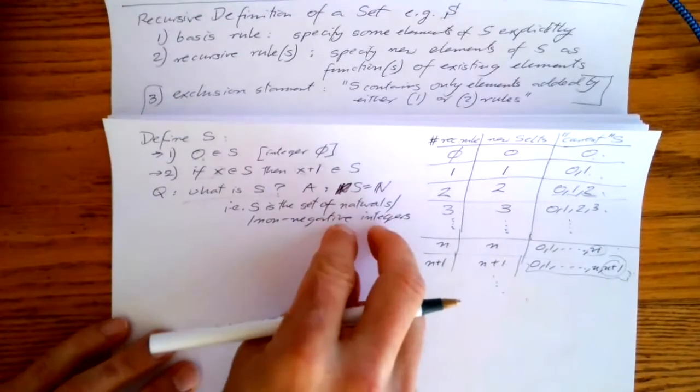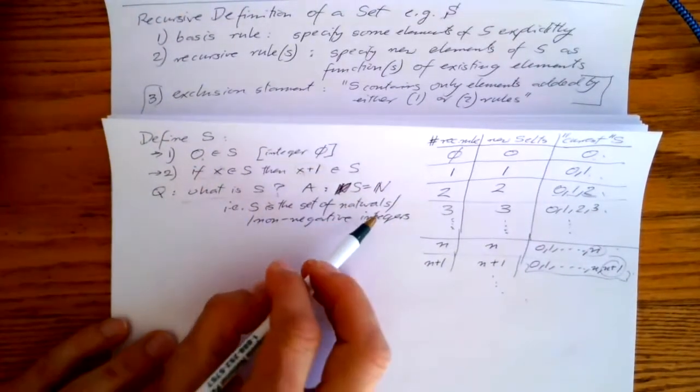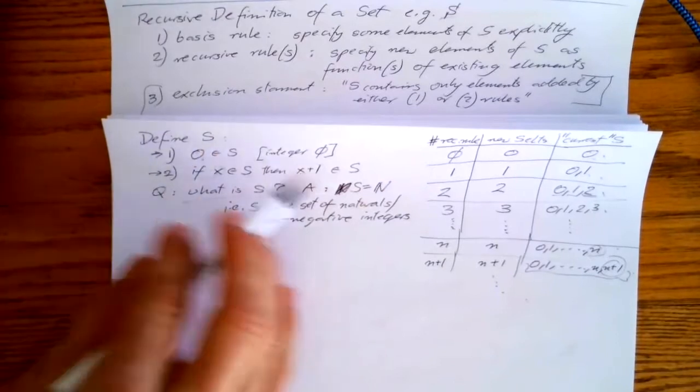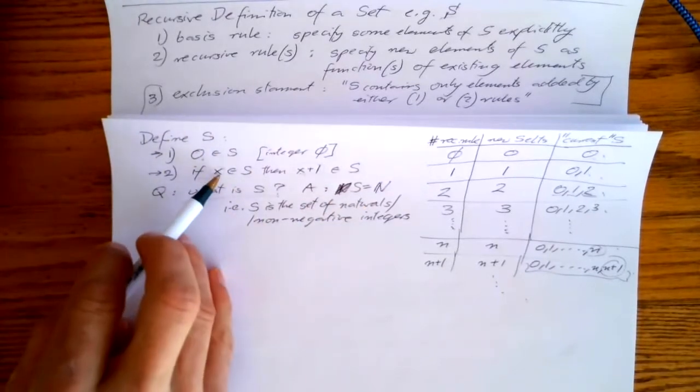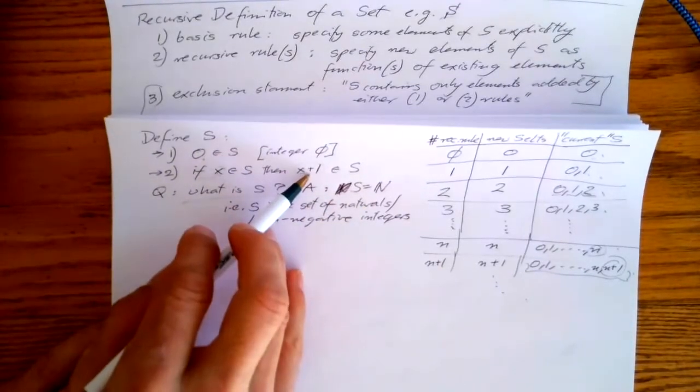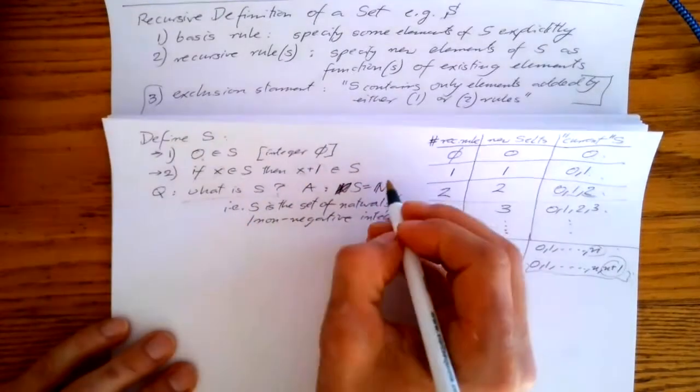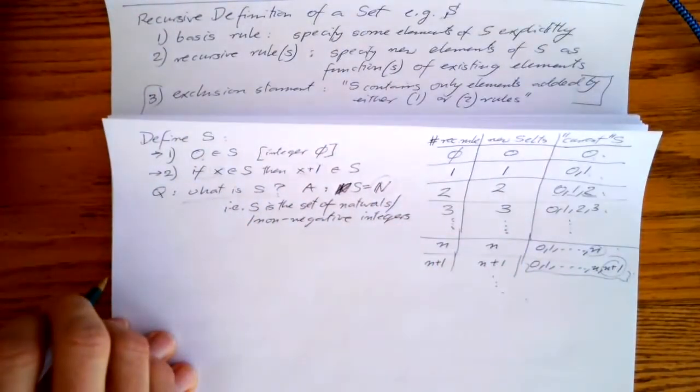Because that's the only set that's going through. Will this set satisfy it? Yes. 0 is in it, good. And if something is in it, then so is that thing plus 1. It is true about this infinite set.